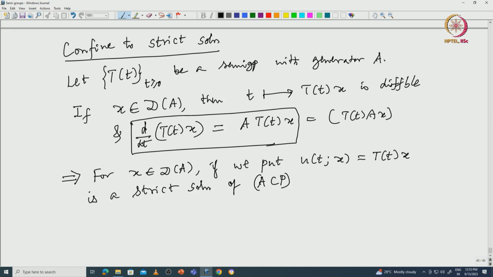The only thing is we have to take the initial data in the domain of A, but not an arbitrary vector in X. So the converse is also true.